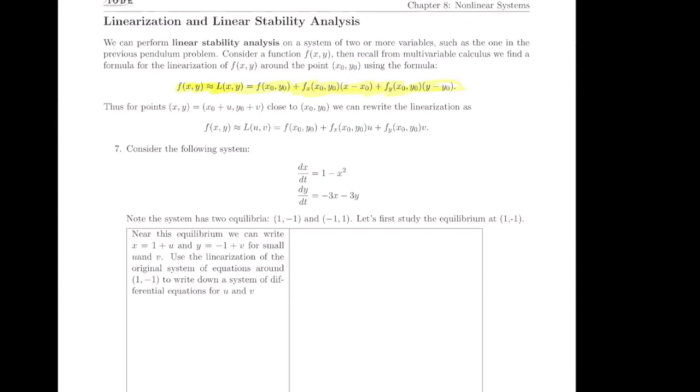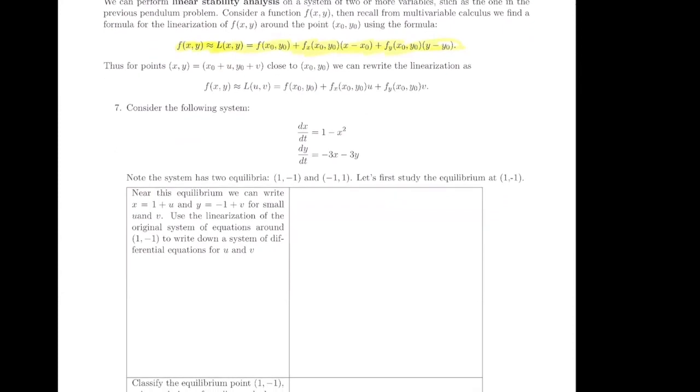So this is exactly that same formula for how we linearize a function of 2 variables. And this is where we calculate the partial derivatives. This is very similar to the example where we have just a function of one variable, except now we need to include information about the slope in both the x and the y directions. So here's another system.